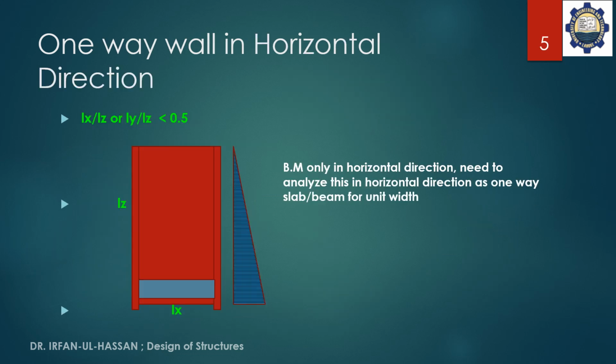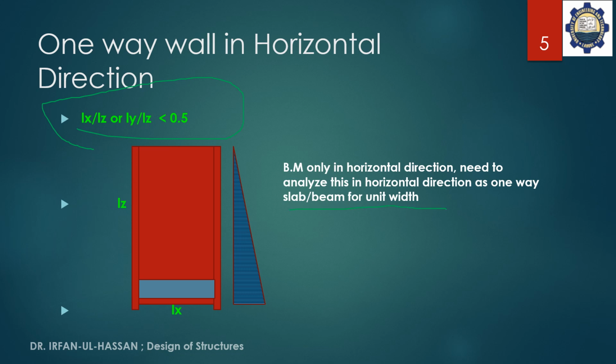Now it is also possible that the wall behaves as a one-way wall in the vertical direction, and when the wall behaves as a one-way wall in the horizontal direction, this is when Lx over Lz is less than 0.5, then the wall will behave as one way in the horizontal direction. We have to analyze this horizontal direction as a one-way slab beam for unit width.